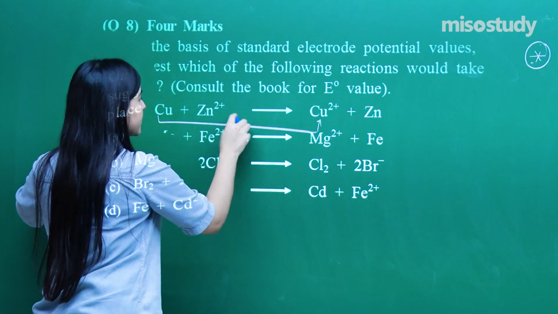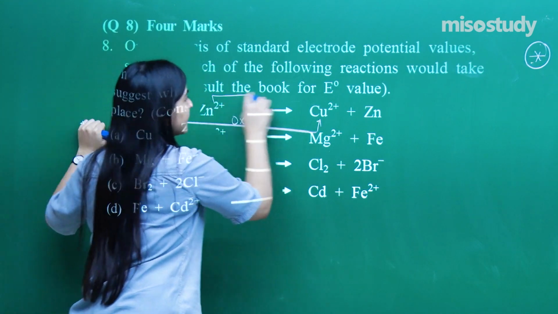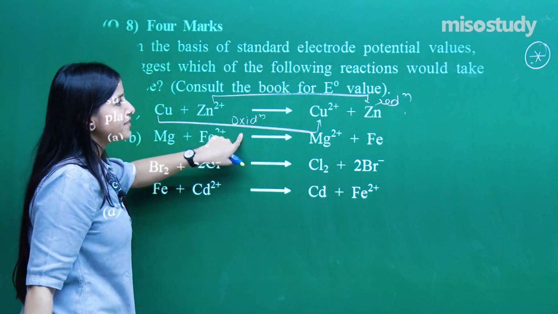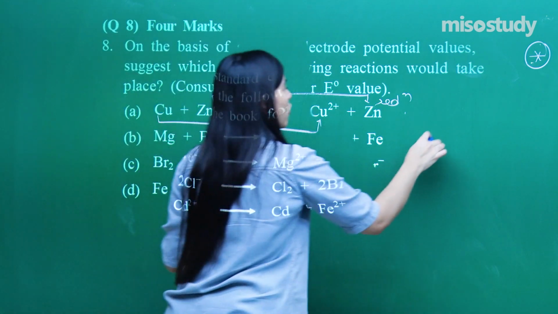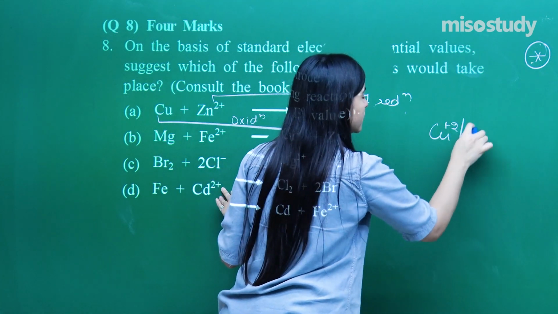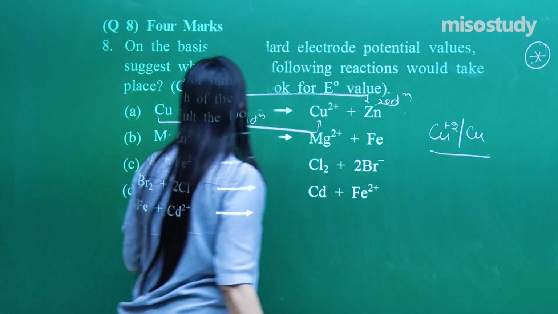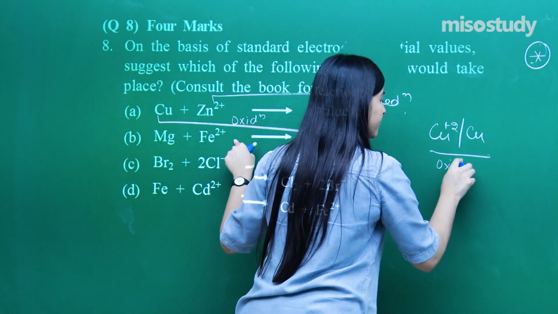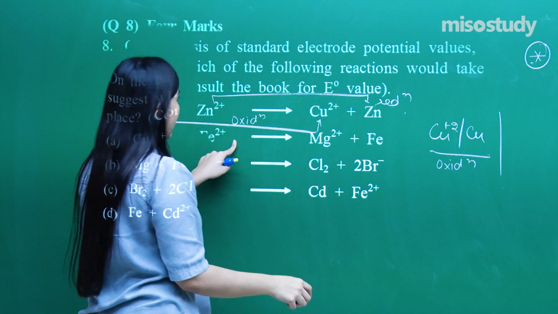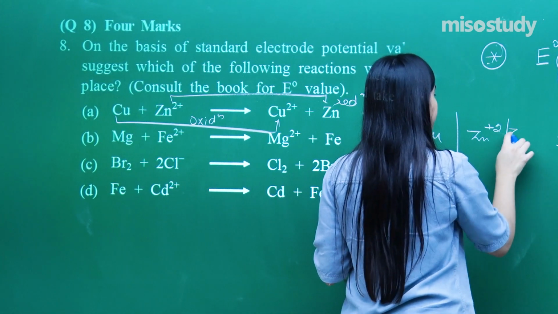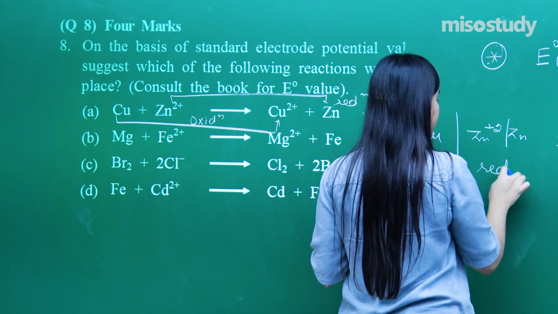See here, this is the oxidation and this is reduction, right? That means copper plus 2 and copper. This one we will be taking as the oxidation process and Zn2 plus to Zn we will be taking as the reduction process, right?